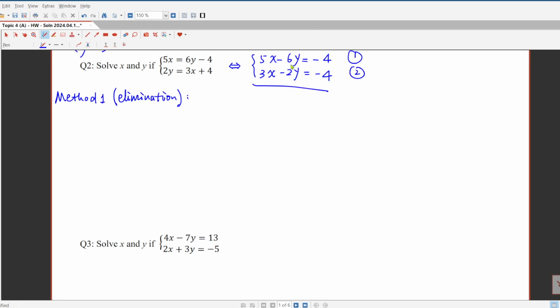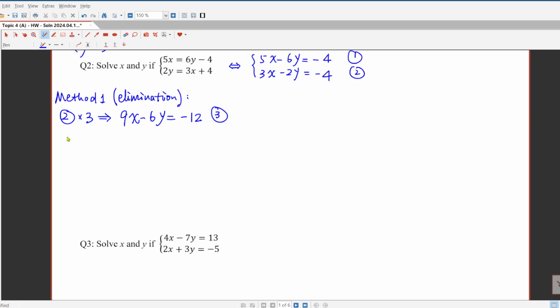And actually, because the least common multiple of 6 and 2 is 6, we can use equation number 2 times 3 in order to eliminate y, right? So this gives us 9x minus 6y, and the right side gives us -12, right? And then let's call this equation number 3.